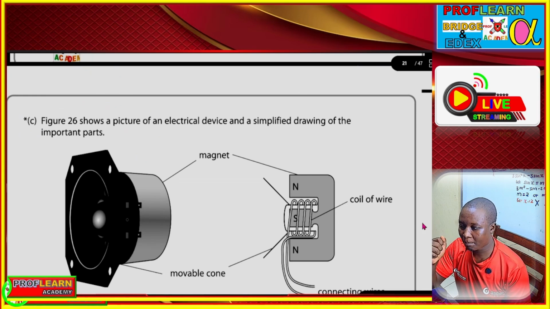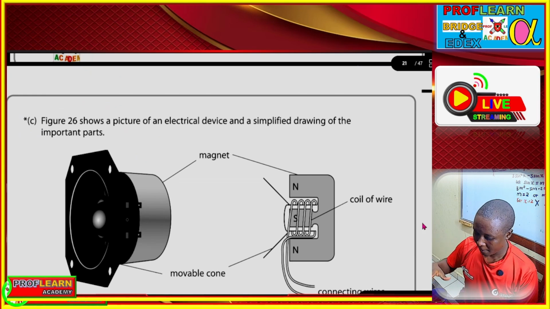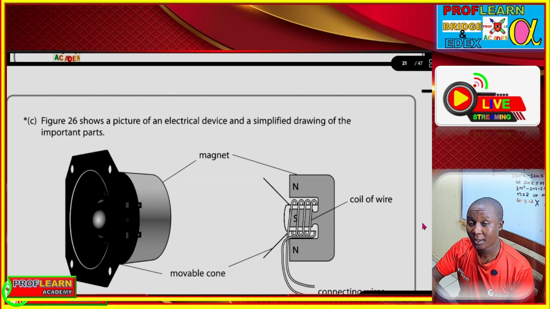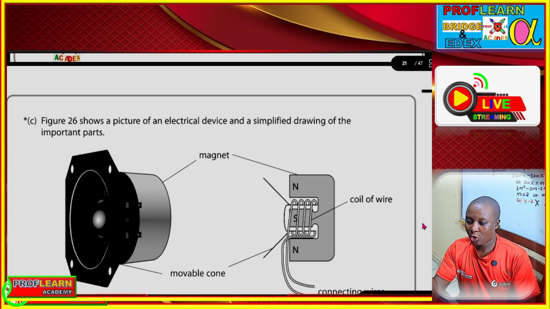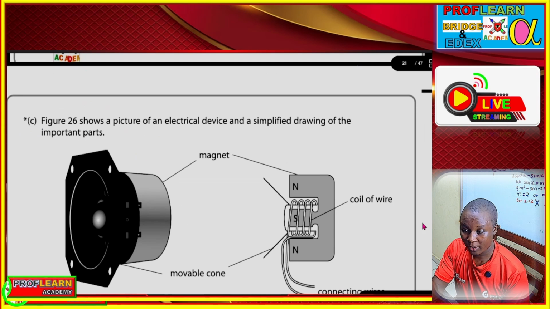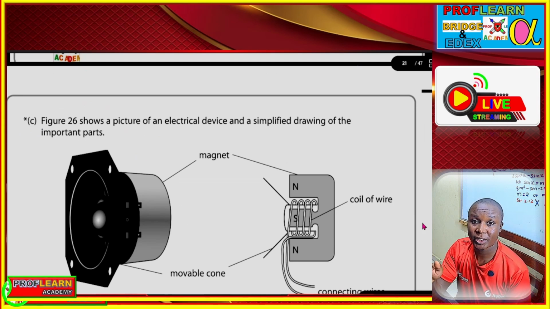The second most important component of a loudspeaker is a coil. That coil is wound here. The coil is attached to a movable paper cone, which can move if the coil is moving.